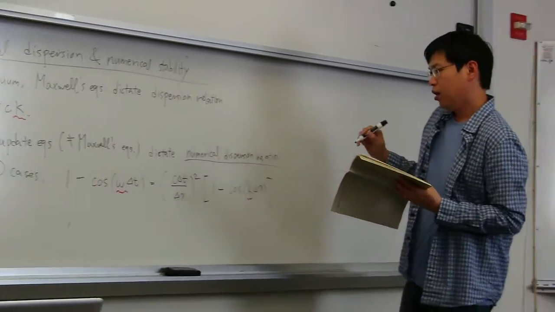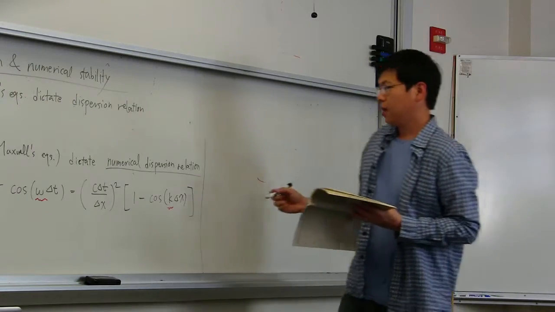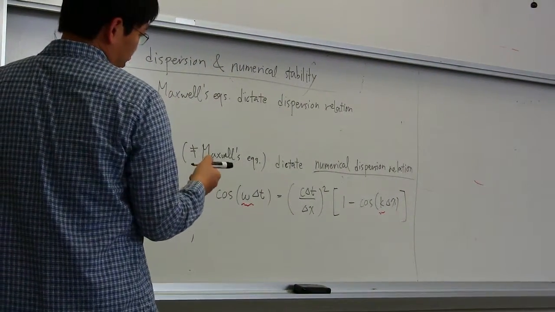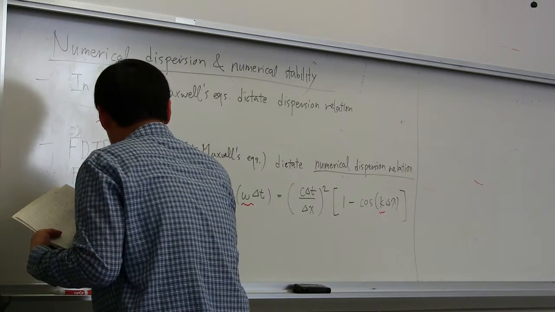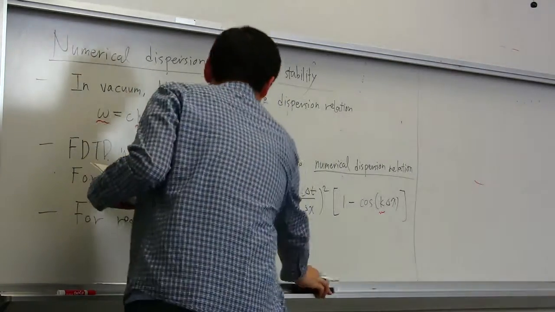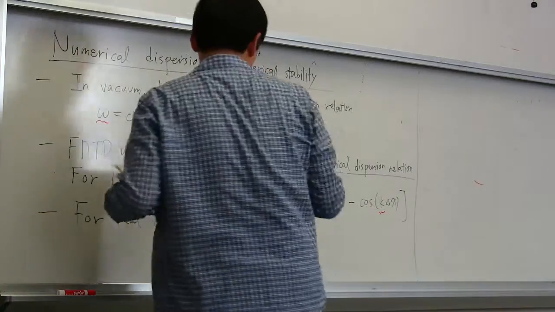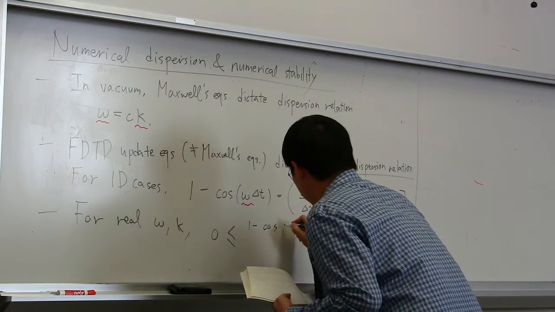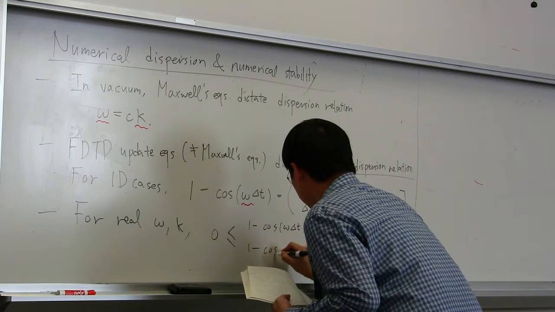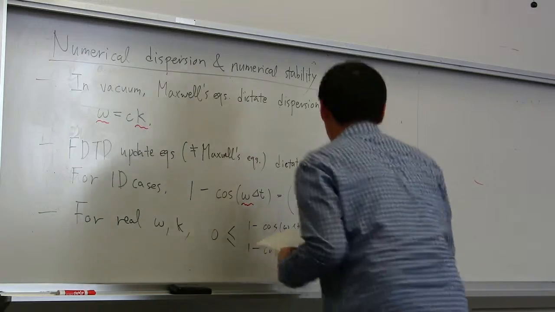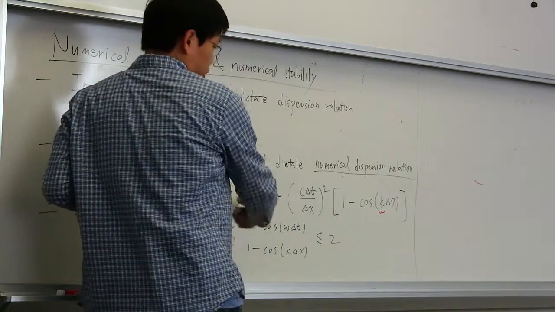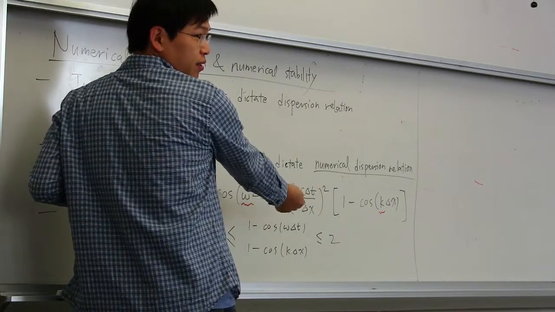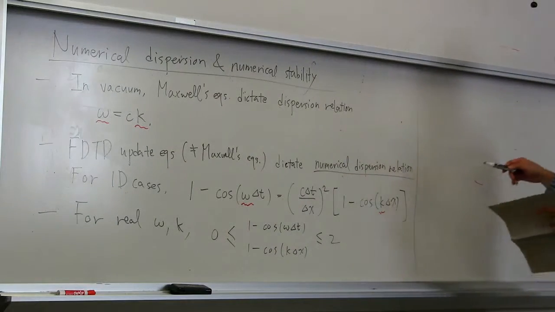So if you look at this equation, you realize that for real omega and k, the left-hand side quantity and the quantity within the brackets is actually between 0 and 2, right? Because cosine is between -1 and 1.